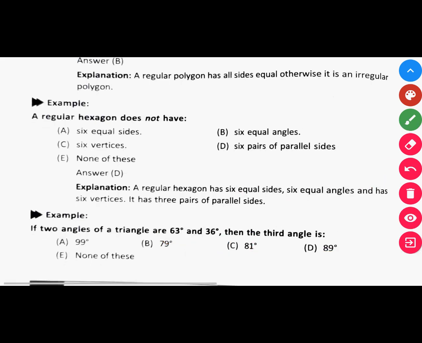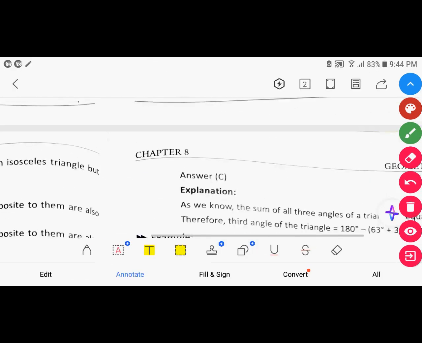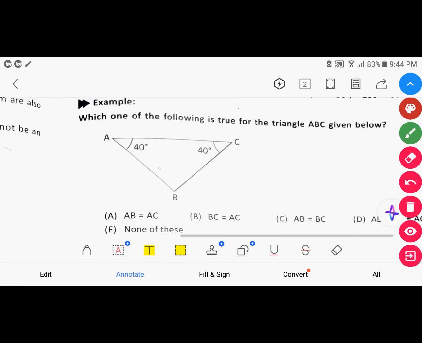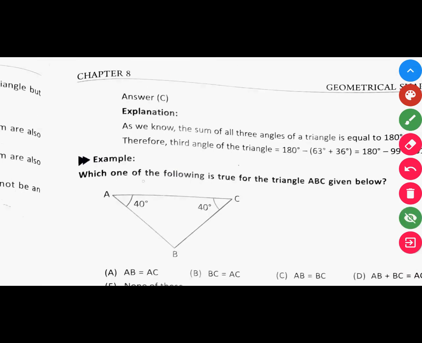Okay. I already gave you the idea of how the questions can be asked. Now see, in this figure, one of the following is true for the triangle ABC. See, angle A and angle C are of equal degree.